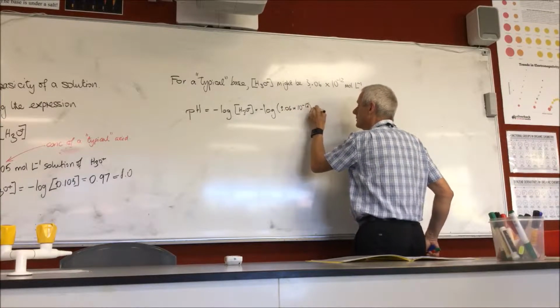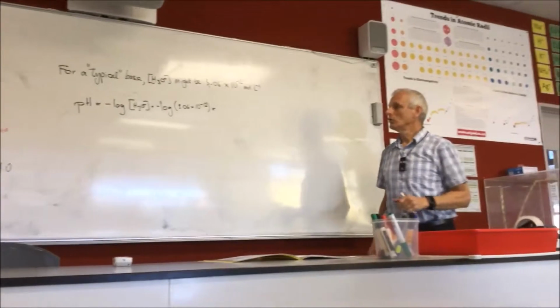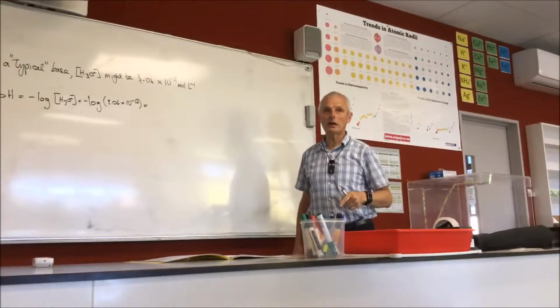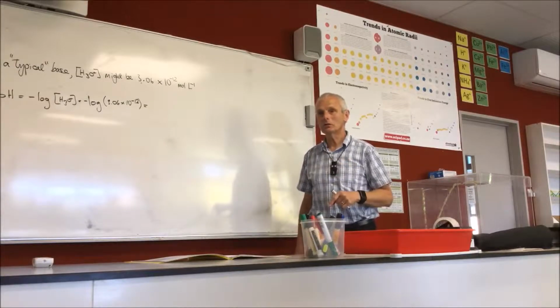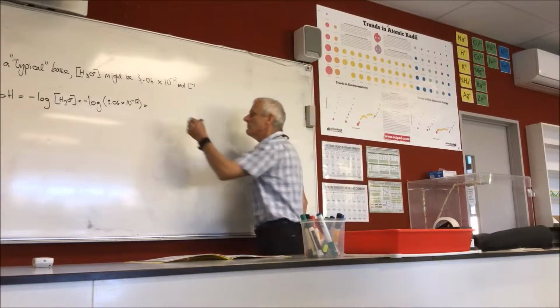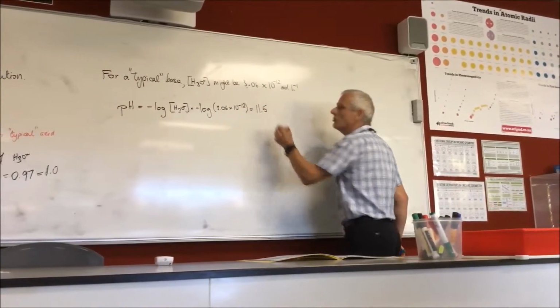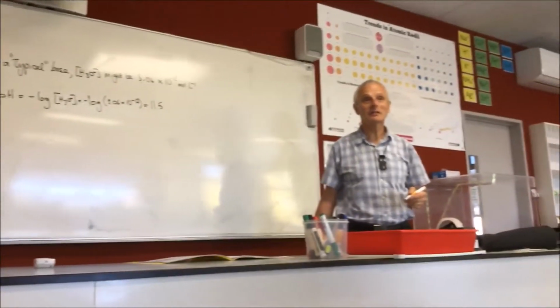Can somebody do that? So you type that in, minus log, bracket, 3.06 EXP minus 12. 11.5. And that's the pH you would associate with a base.